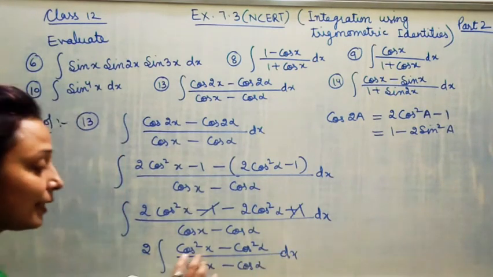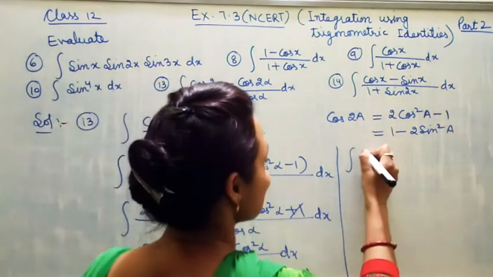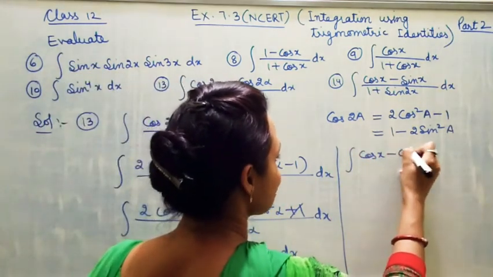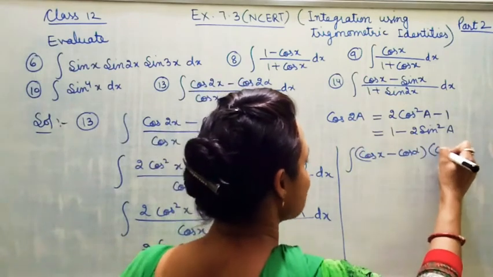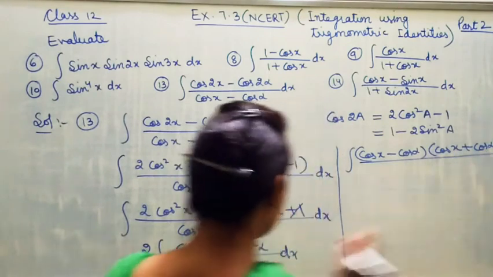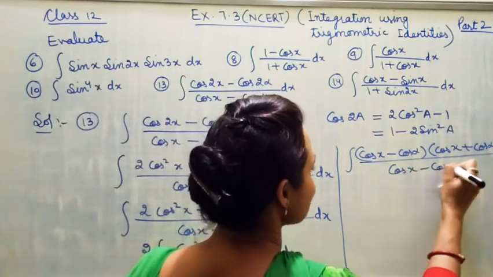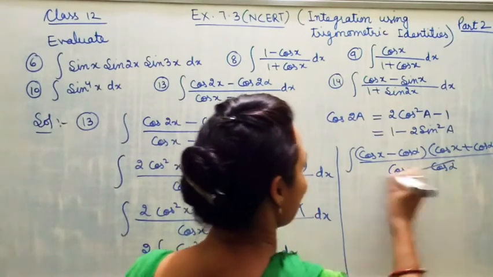Now I will write the identity a square minus b square. What is that identity? That is cos x minus cos alpha and cos x plus cos alpha, divided by cos x minus cos alpha, dx. This whole term will cancel.